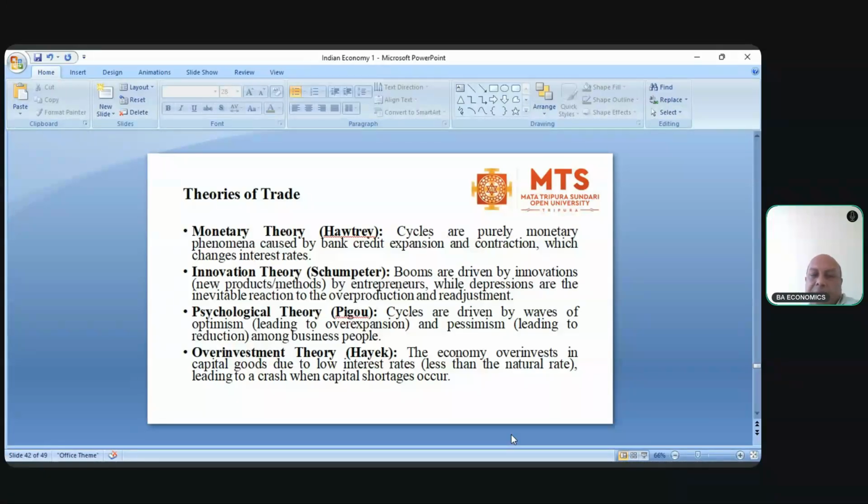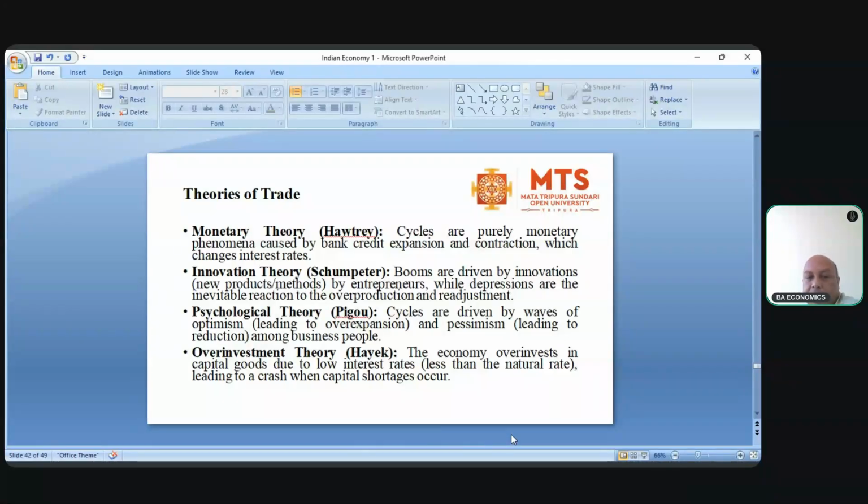If people think there will be better economic conditions in future, it is good for trade or business, and trade conditions will improve. And when people have a pessimistic concept, meaning they think economic conditions will not be good in future, business conditions will deteriorate day by day. So it is not good for business class people if they have a pessimistic concept.